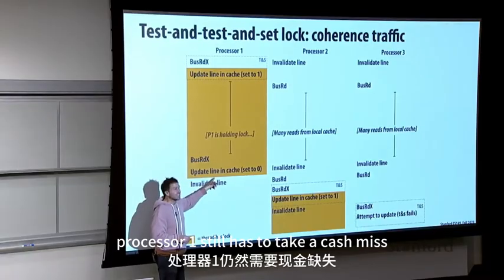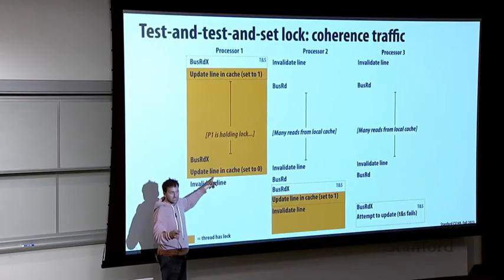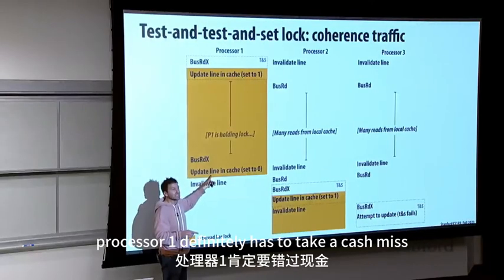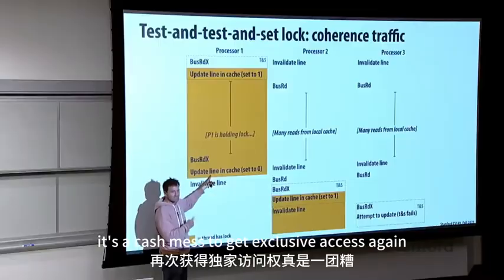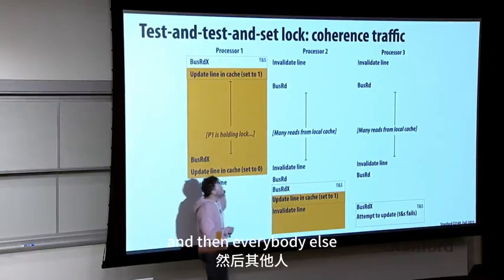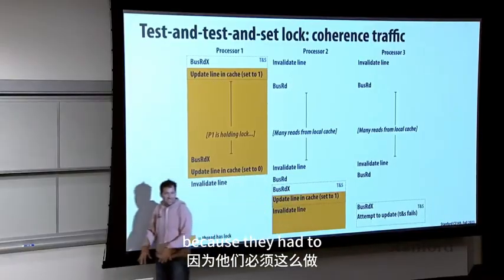Processor 1 still has to take a cache miss to get the line back in the exclusive state to release the lock. That's where the write to set the value to 0 occurs. And then everybody else all of a sudden invalidates their line, because they had to.